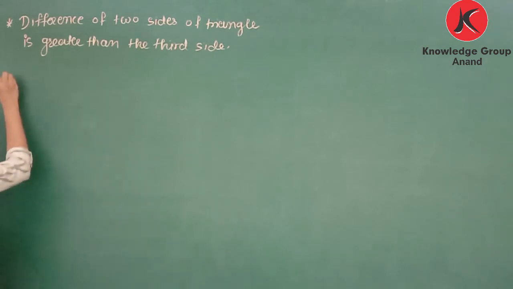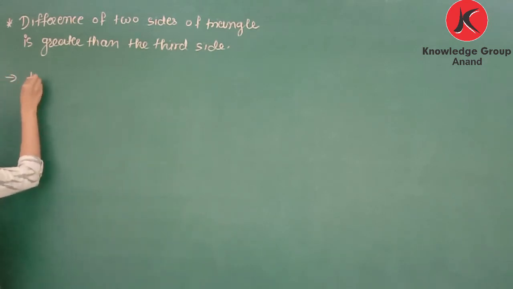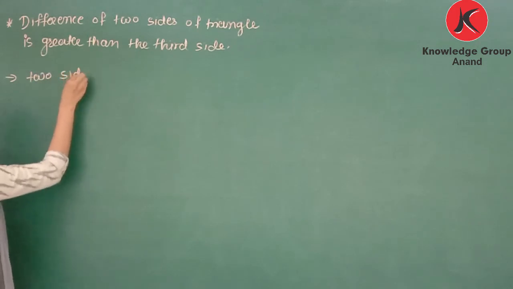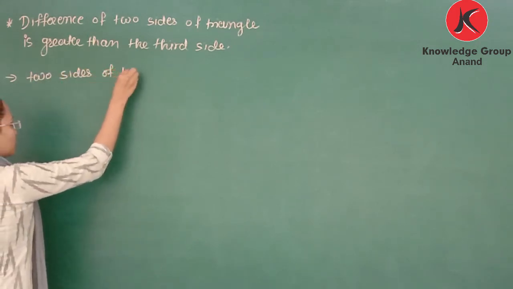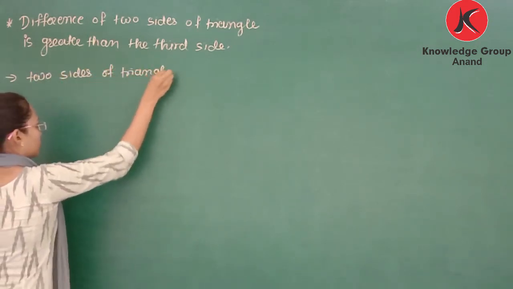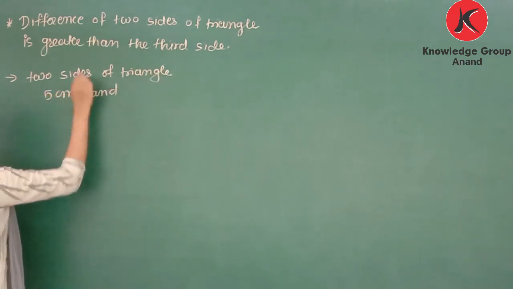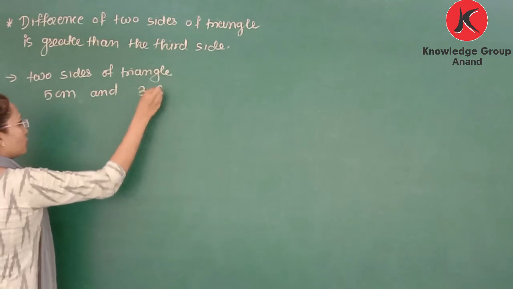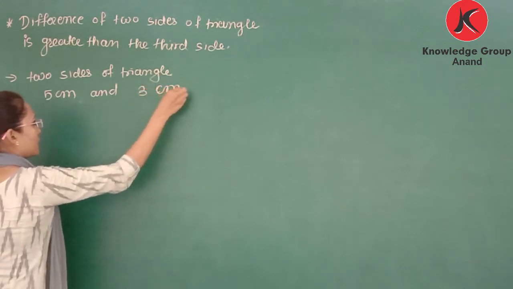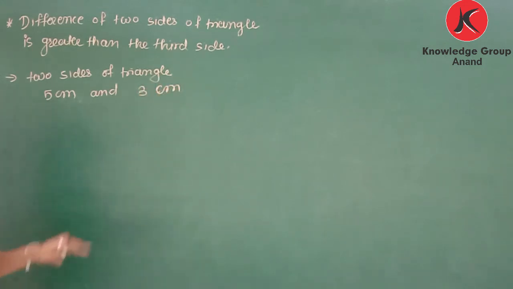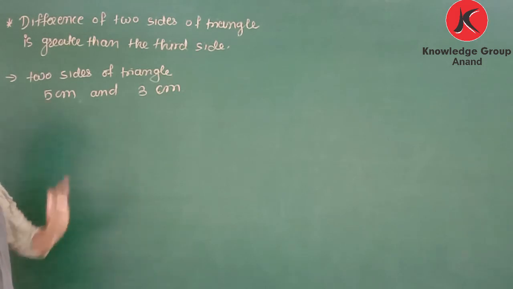Let's take one example. Two sides of a triangle are 5 centimeter and 3 centimeter. Between which two numbers does the third side fall?